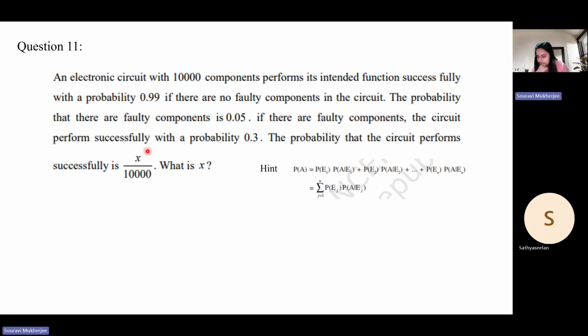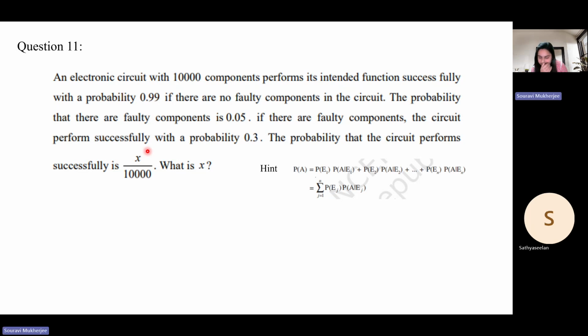So this is the hint that you have to use. Define what E1, E2, up to En are, and what A is that we are talking about. So for this case, A is that the circuit performs successfully.